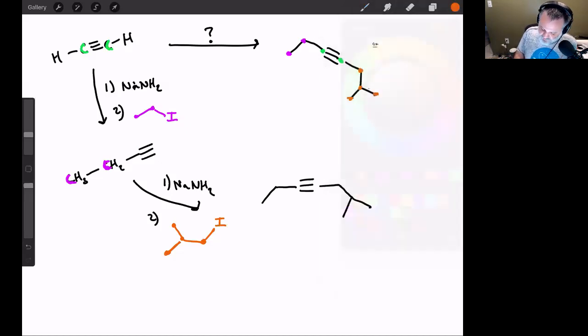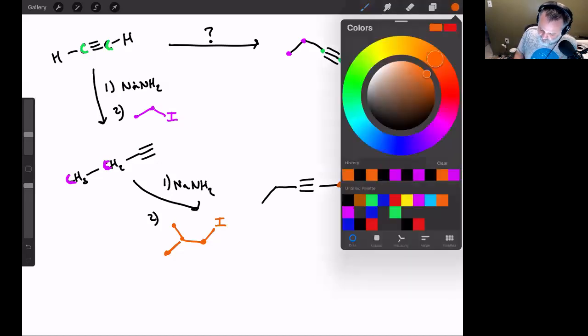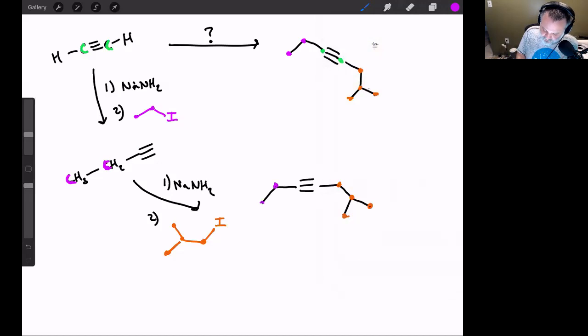So at the end of the day, I've added these carbons on the right and these carbons on the left.